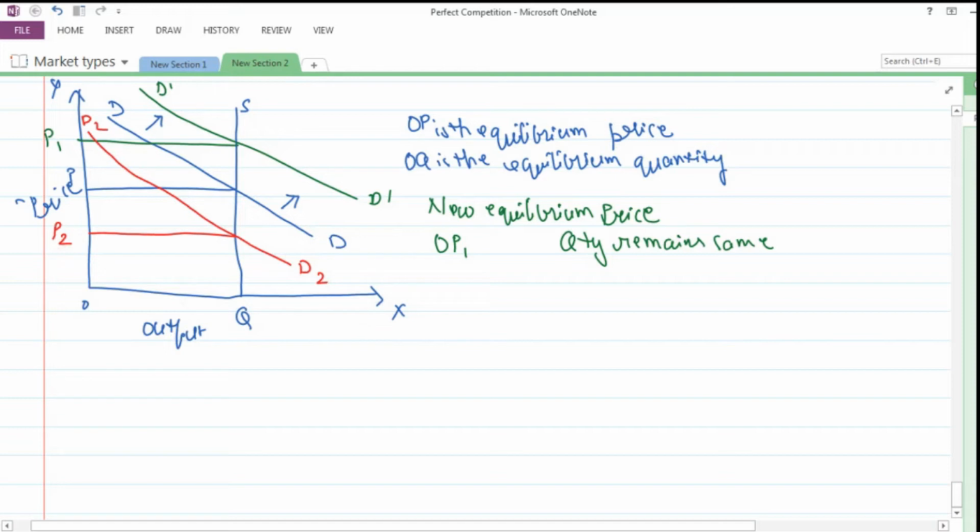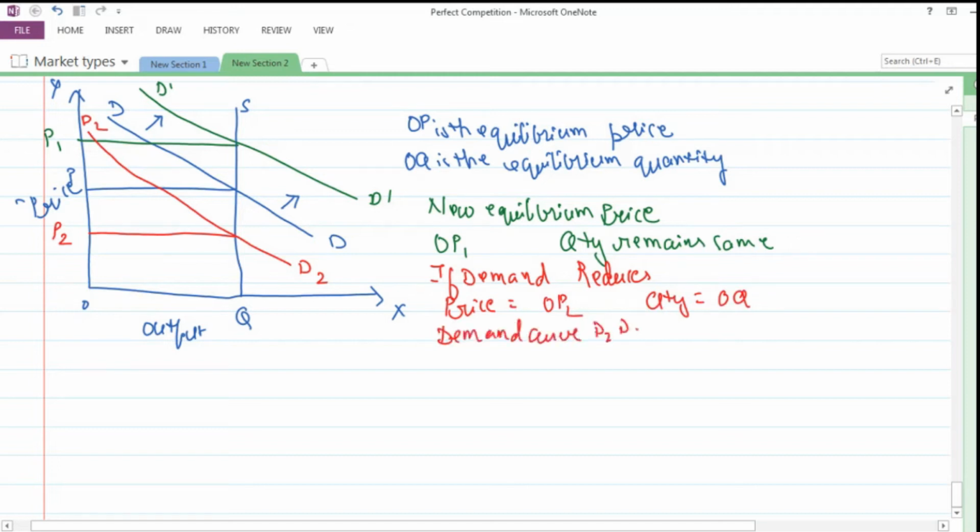If demand reduces, then equilibrium price is equal to OP2, quantity is equal to OQ, demand curve is D2. Okay, so in this manner, in a particular market period, the equilibrium would be established.